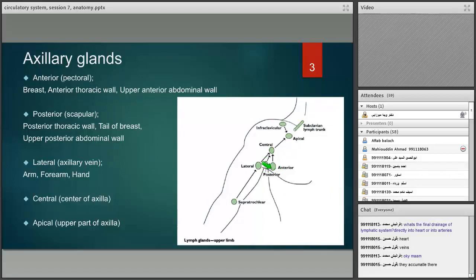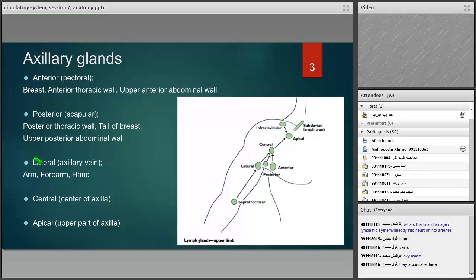These are draining their lymph into the anterior node or pectoral nodes. The posterior or scapular nodes are receiving the lymph from the posterior thoracic wall, the tail of the breast, from here, for example, tail of the breast near the axilla, upper posterior abdominal wall.